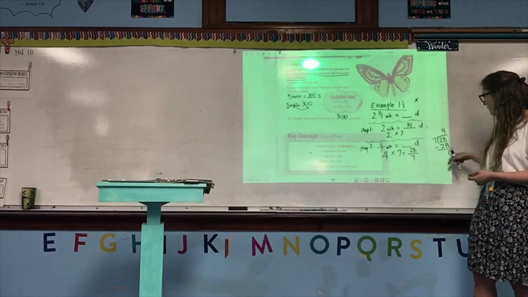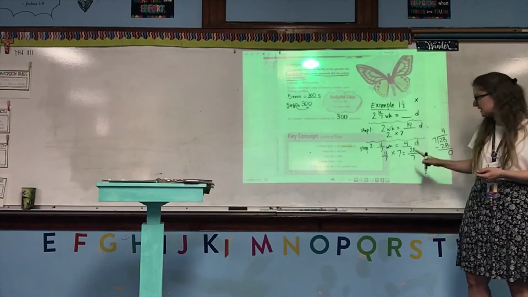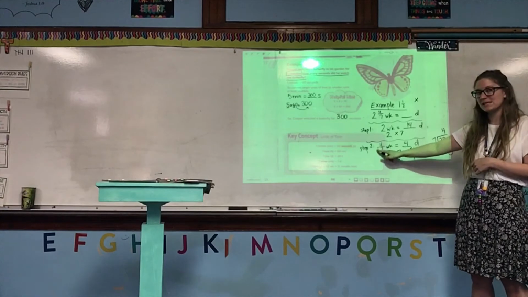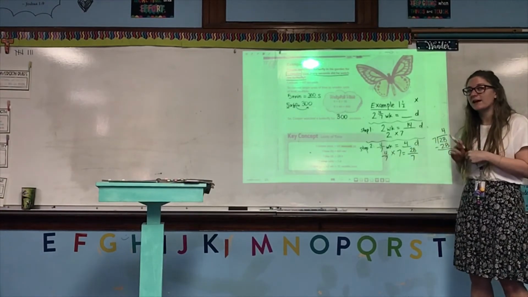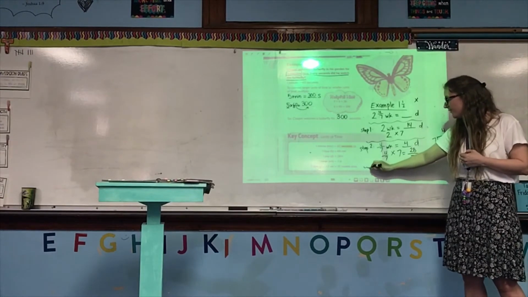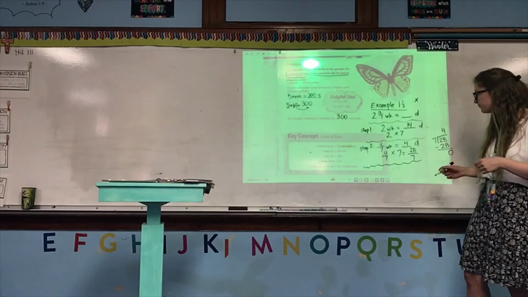So that is 4 with a remainder of 0, which means that 4/7 of a week is equal to 4 days. Some of you may be noticing something about that. That's fine. I'm not going to say it out loud because it might confuse you if you don't notice it, but if you do notice that, you may use that to help you.